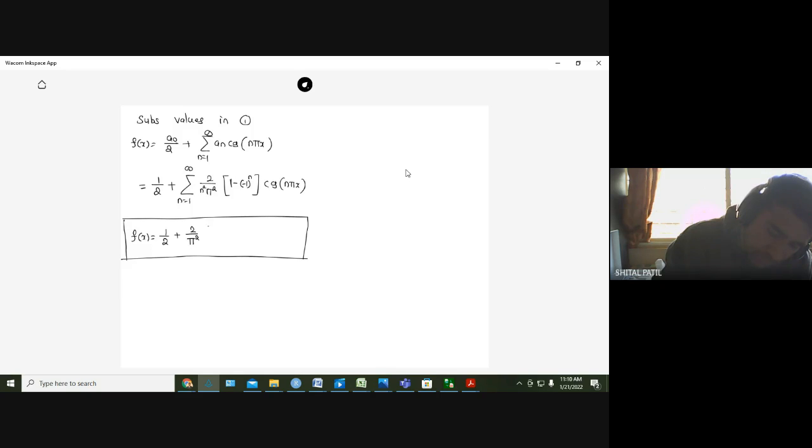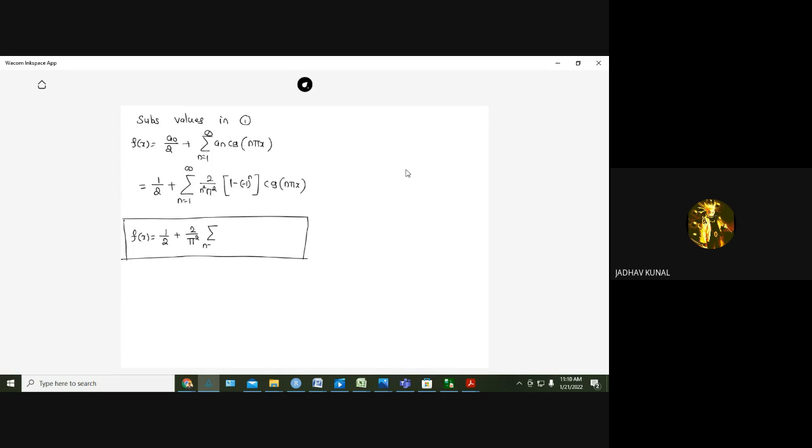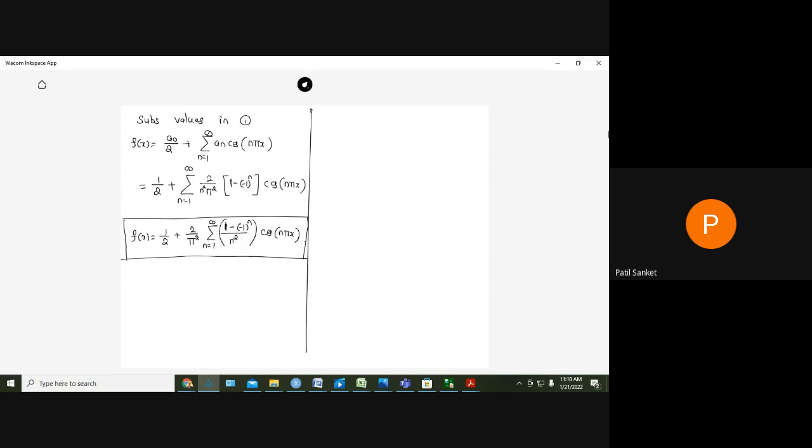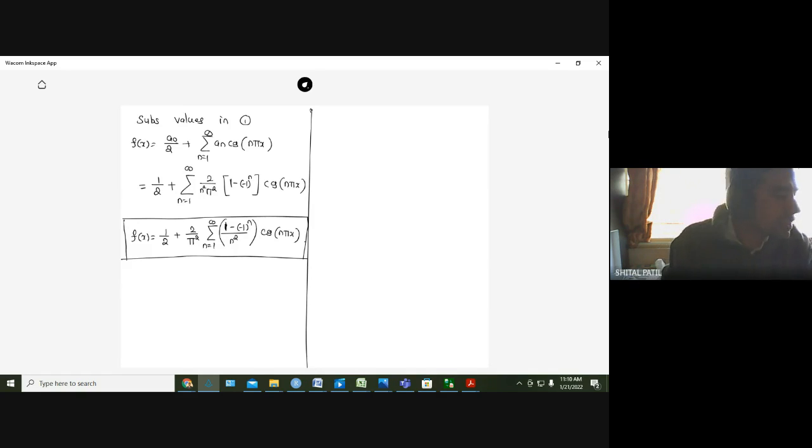So 2 by pi square is constant, summation n equal to 1 to infinity, 1 minus of minus 1 raised to n divided by n square, cos of n pi x. This is the answer. This is the Fourier series expansion. In this way, we have to find the Fourier series expansion.